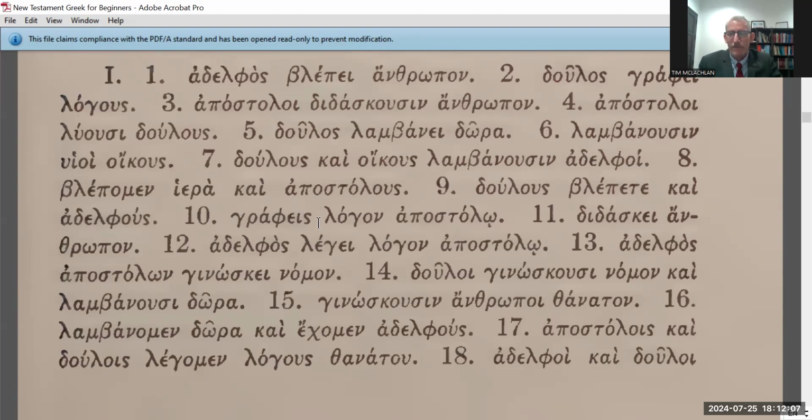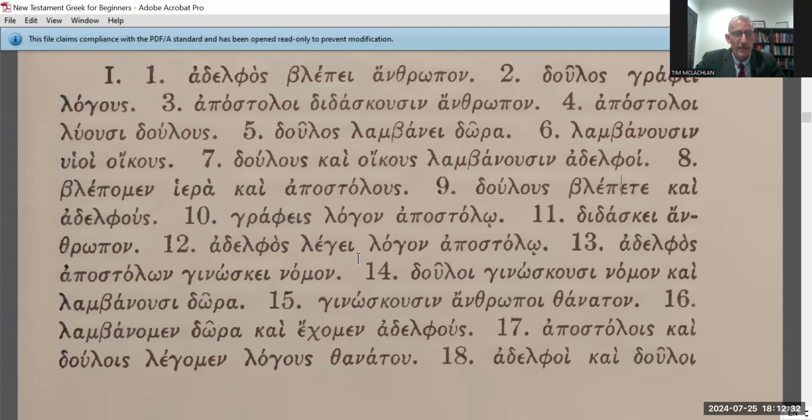Grapho, graphes, graphe, graphomen, graphete, graphusen. Even for me, after all these years, it's still a little bit difficult. I haven't really gone through these repetition type exercises for a long time, so hopefully it'll come back to me as well. But in this case, you're saying you, singular, graphes, you write.